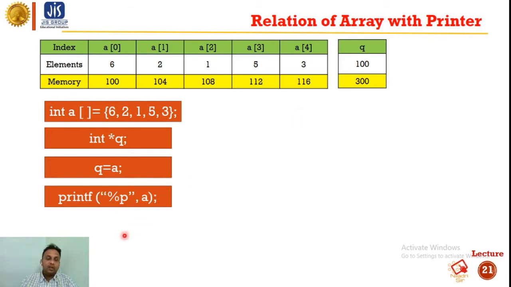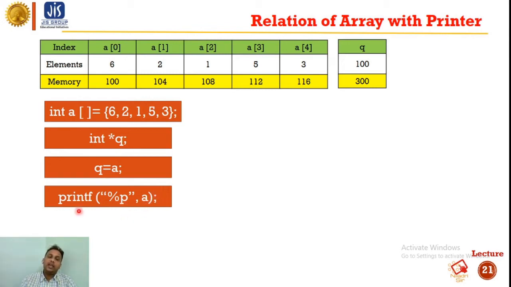If we print a, what will it print? It will not print a0, a1 or a2. We have just printed a, with percentage p. As we know, percentage p means it will print an address, and whose address?